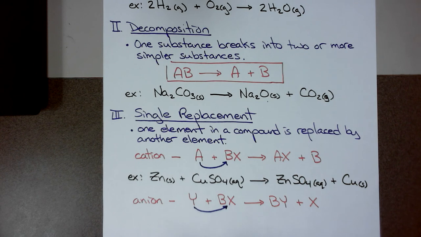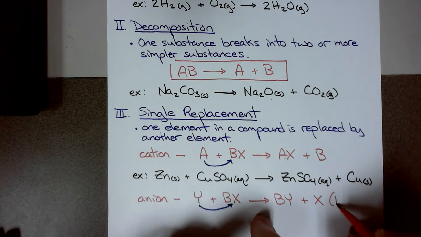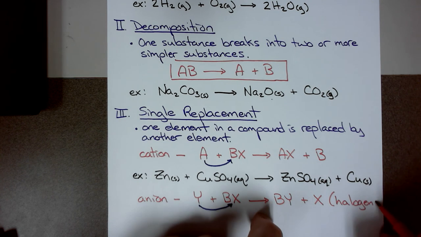And it's really just the halogens that we're going to look at. So we want to make sure that we are just dealing with halogens. There's others, but I just want us to look at the halogens as the anion single replacement.